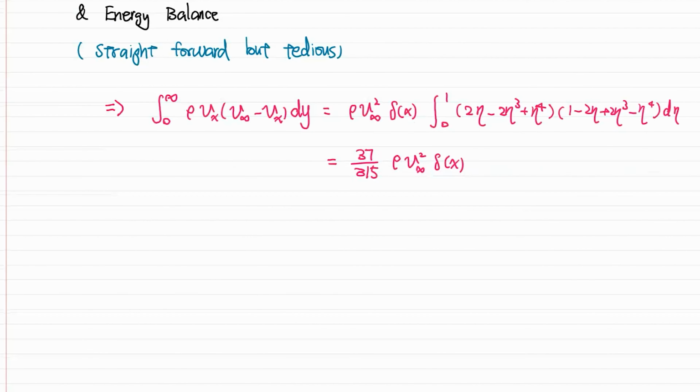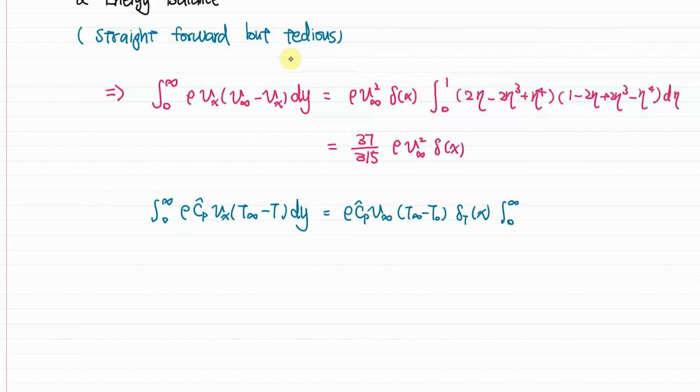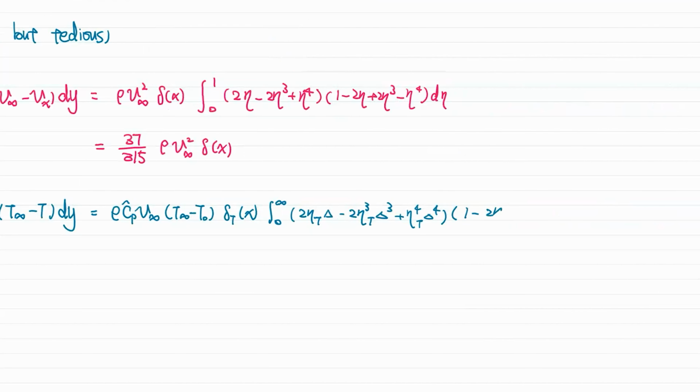And also for the energy equation, we have the integral from 0 to infinity of rho Cp Vx times (T infinity minus T) dy equals rho Cp V infinity (T infinity minus T naught) times delta T of x times the integral of (2 eta_t times delta minus 2 eta_t cubed times delta cubed plus eta_t to the 4th power times delta to the 4th power) times (1 minus 2 eta_t plus 2 eta_t cubed minus eta_t to the 4th power) d eta_t.